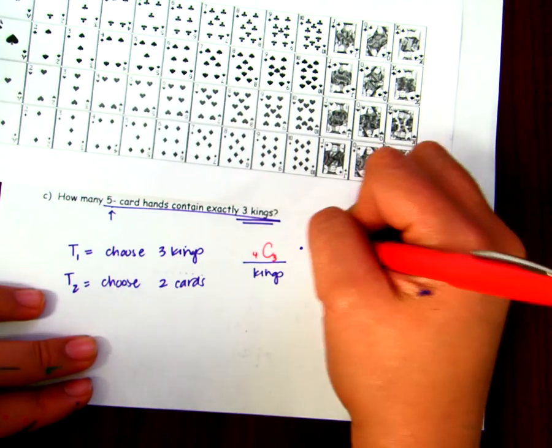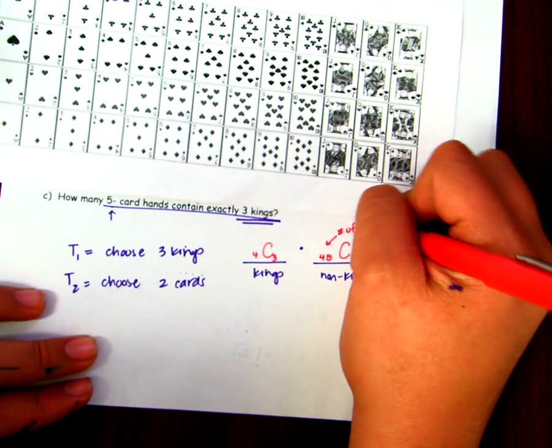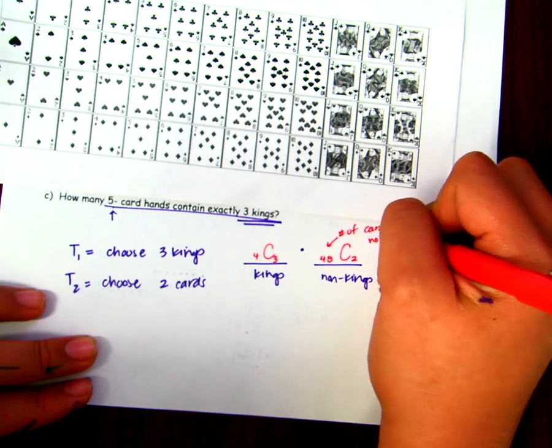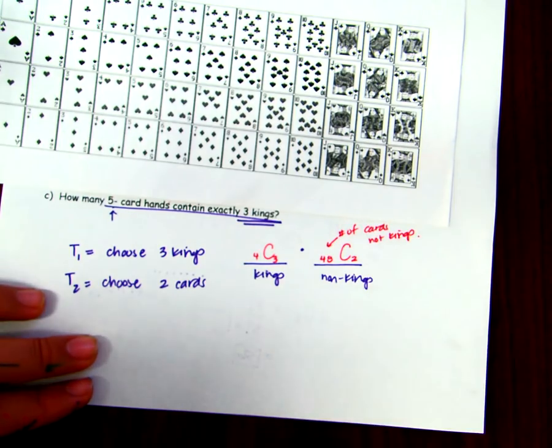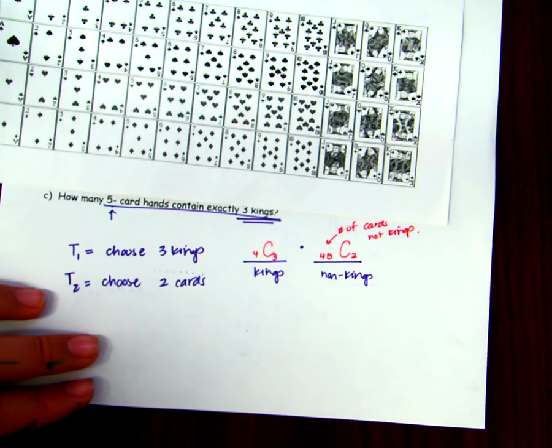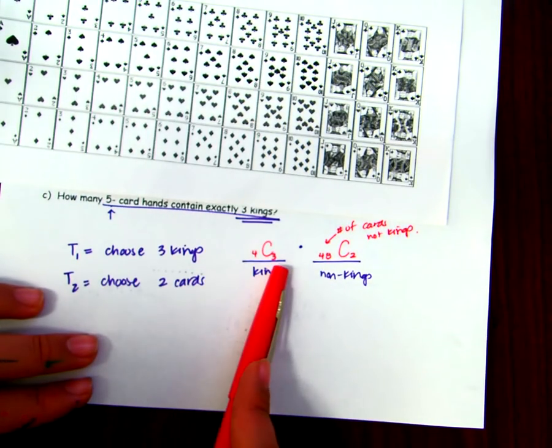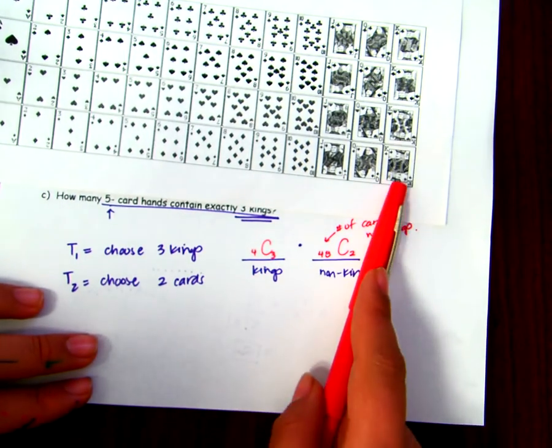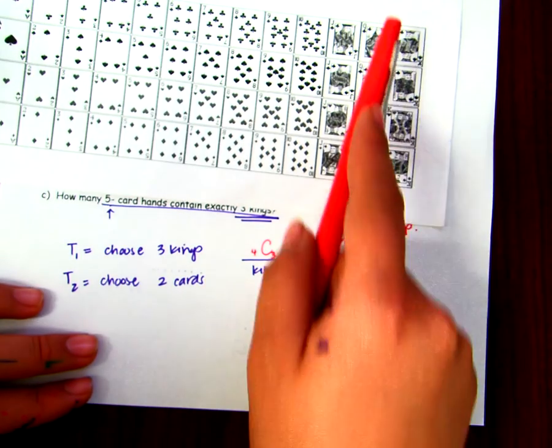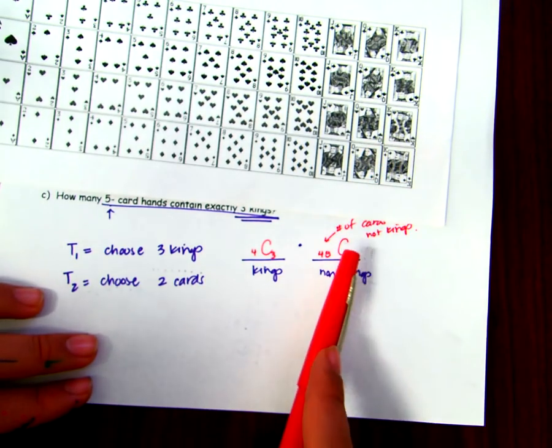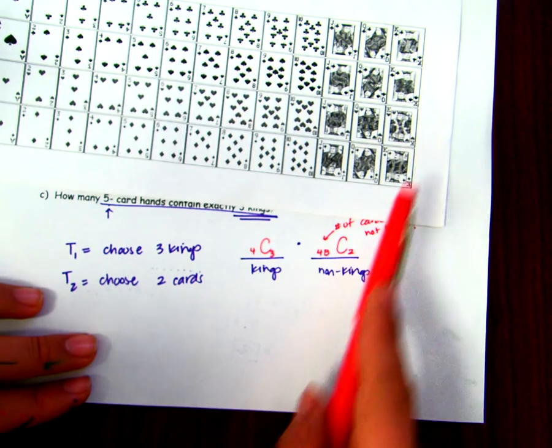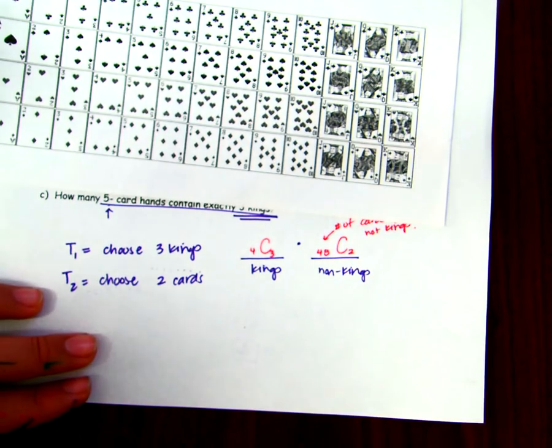Remember, 48 is the number of cards that are not kings. The most common mistake people make is they'll do 52 and take away the 3 they already chose, leaving one of those kings in there. You want to make sure that out of the other 2 cards, you don't include any kings in your total.